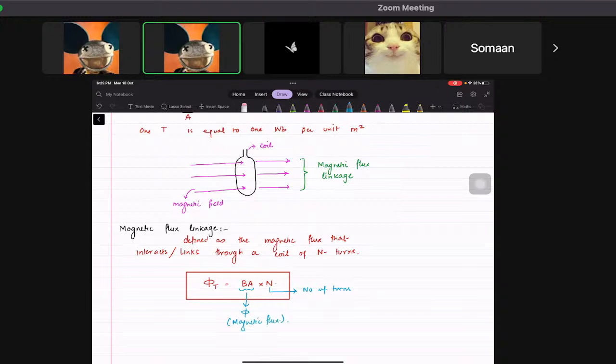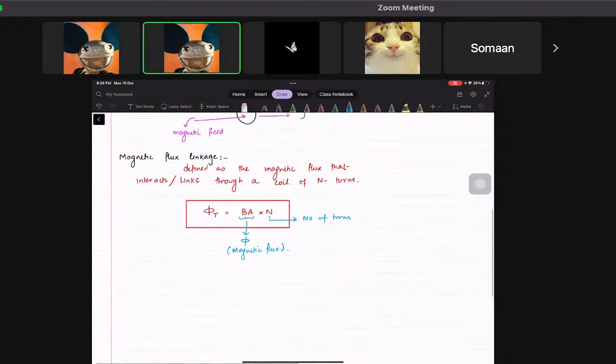So when this happens, we're saying that there are many turns in the wire, like N number of turns, and the magnetic field is going through here, maybe like that.